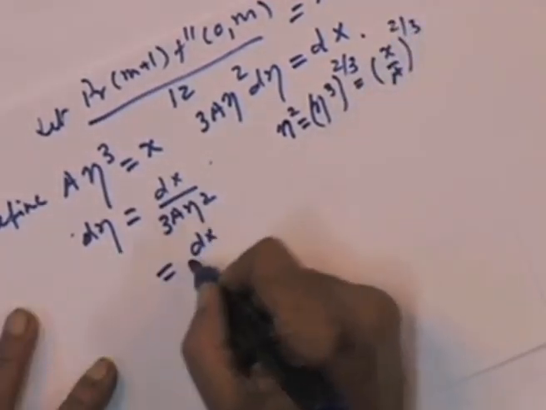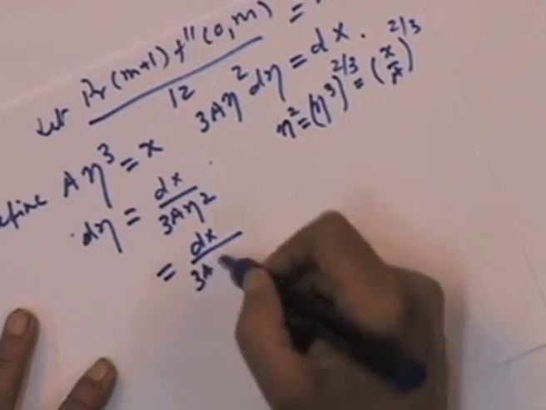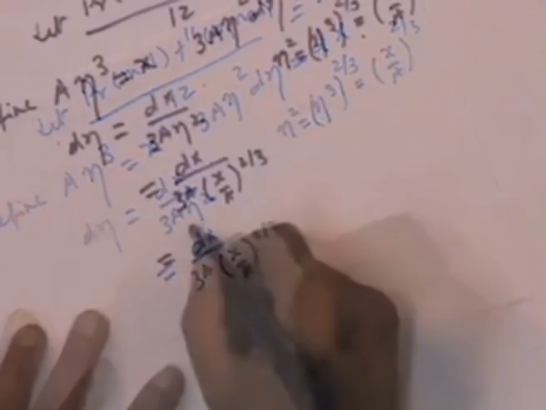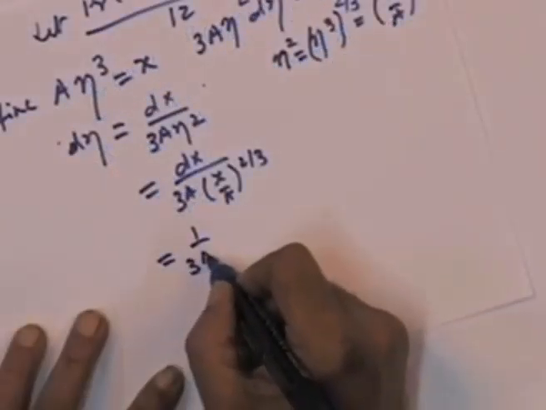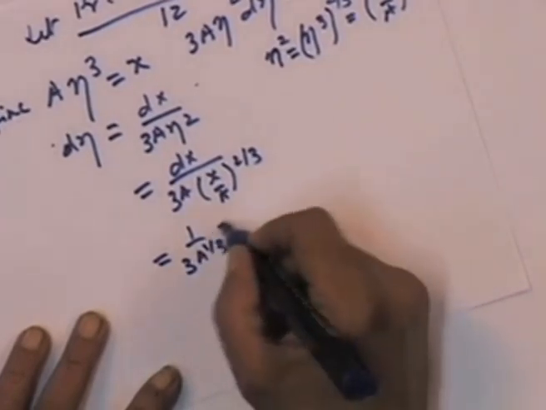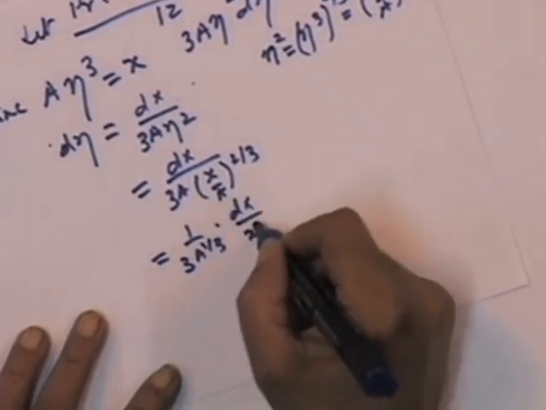I get dx divided by 3 a into x by a raised to 2 by 3, which is 1 over 3 a raised to 1 by 3 into dx over x raised to 2 by 3.